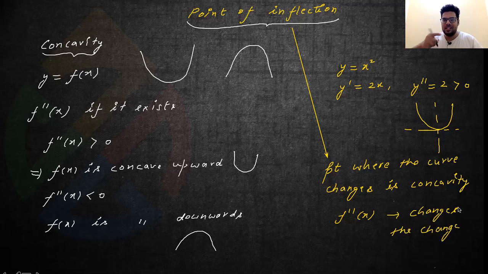It is similar to the single derivative changing the sign to find out maxima or minima. So let us say at x equal to 1, you move to the right and the sign is positive. You move to the left, the double derivative sign is negative. So sign is changing from negative to positive. So at this point, concavity of the curve is changing. When it was on the left, it was negative. So it is moving from concave downward towards concave upward.